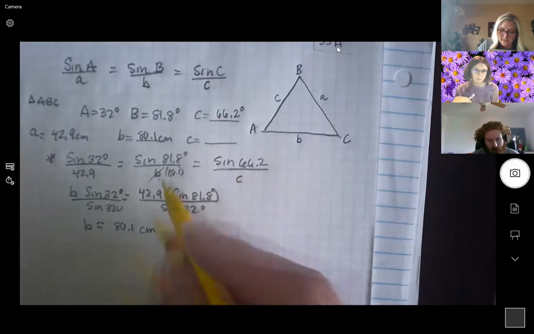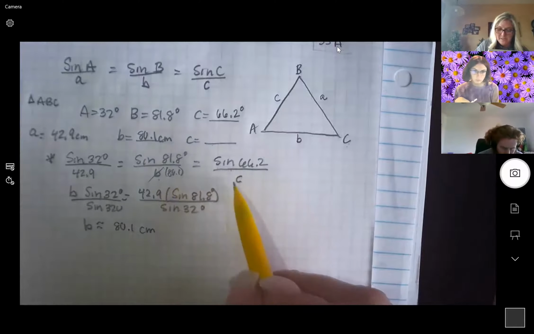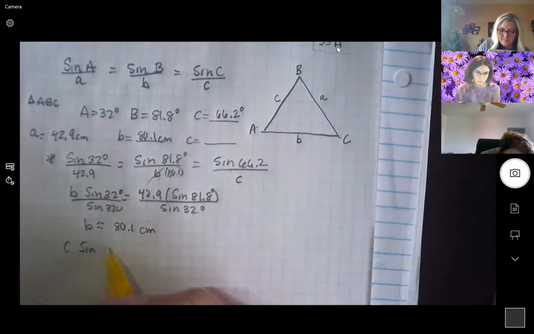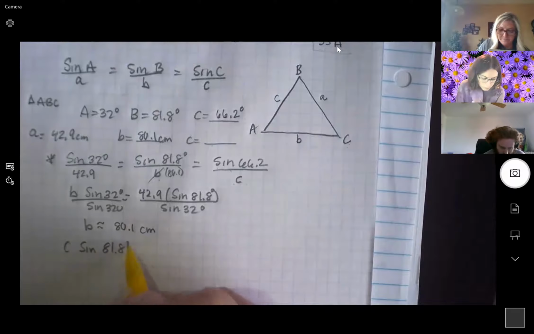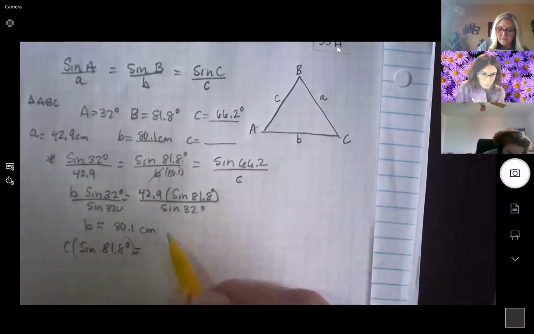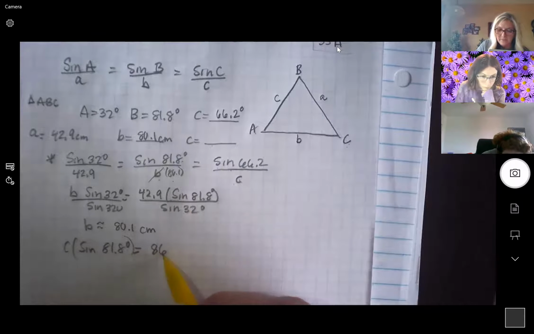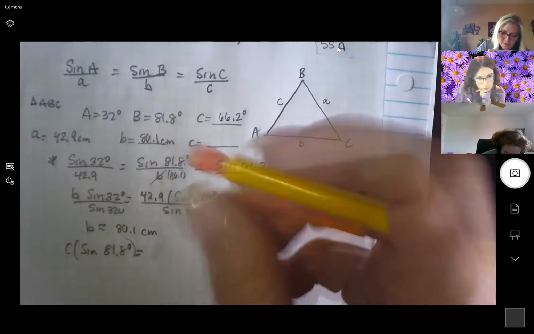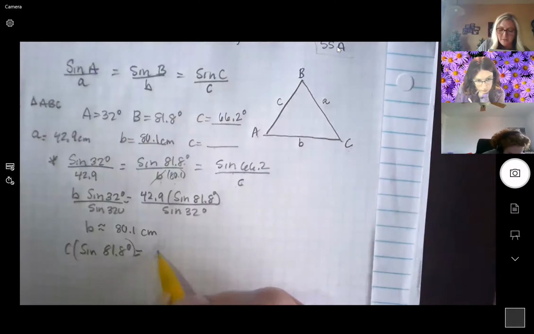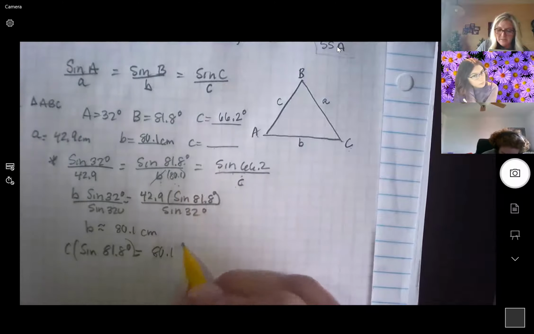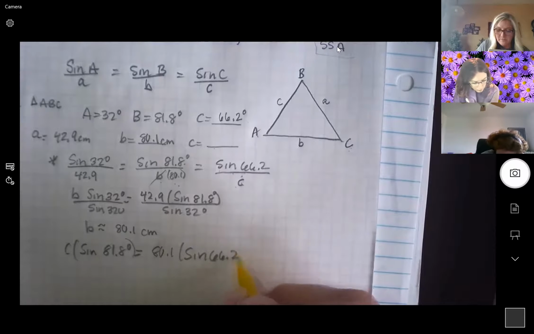Okay, so I'm going to take C times the sine of 81.8, this times this, equals 86.1. Oh, that's not, why did I say 86 point? It's 80.1, can't read my own writing. 80.1 times the sine of 66.2.